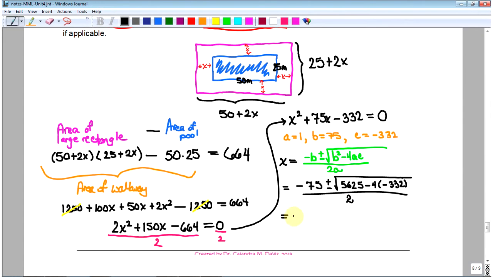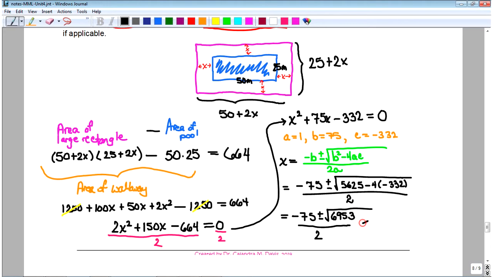Okay, so this will equal negative 75 plus or minus, and now I just need an expression for my radicand. So I have 5625 minus 4 times negative 332 is 6953, all divided by 2.